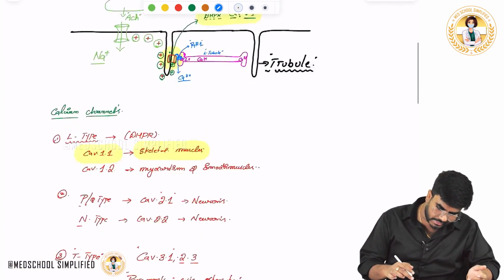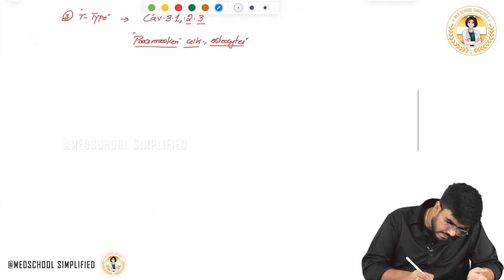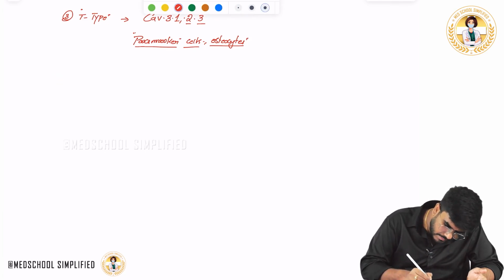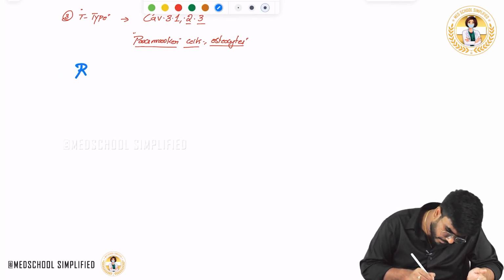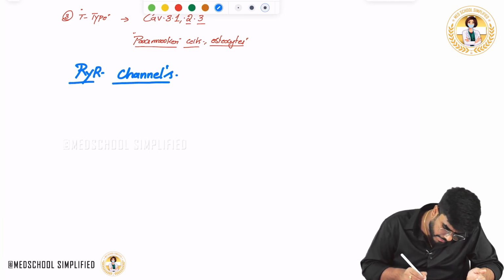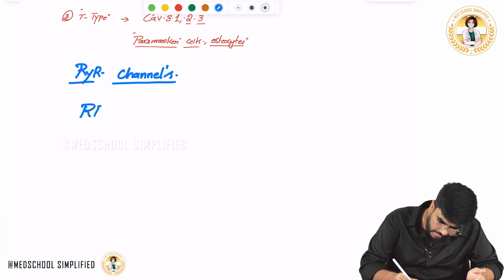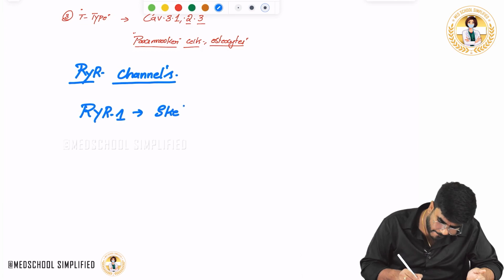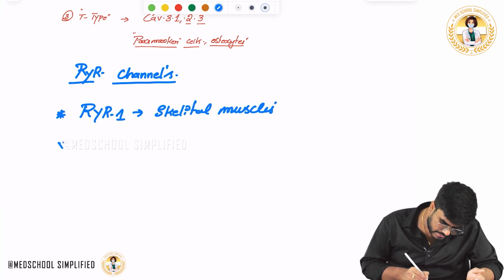Let me write a list of RYR channels. Just now I explained where RYR type 1 is present. RYR type 1 is present on the skeletal muscles.